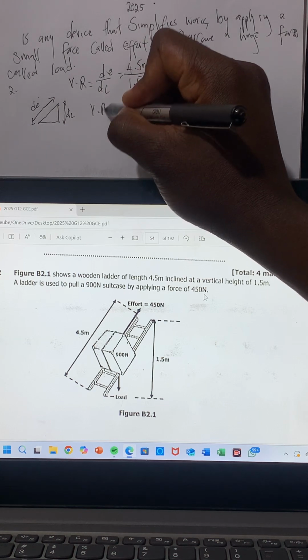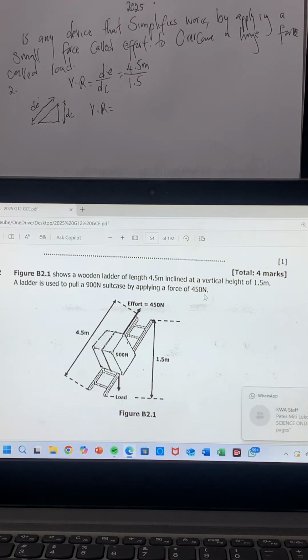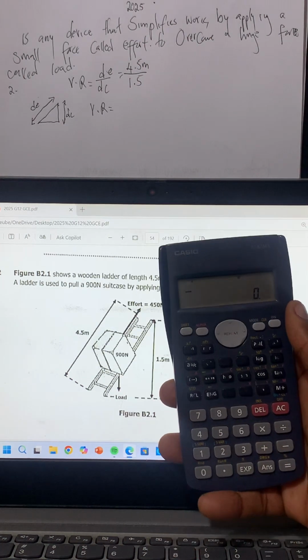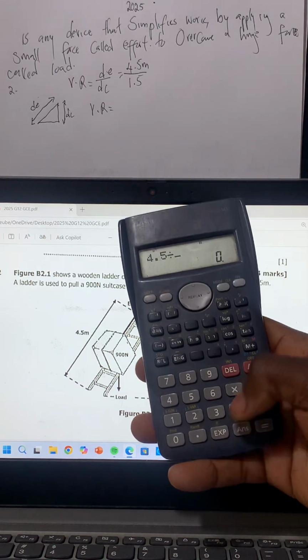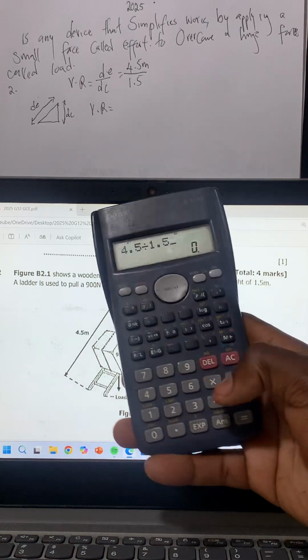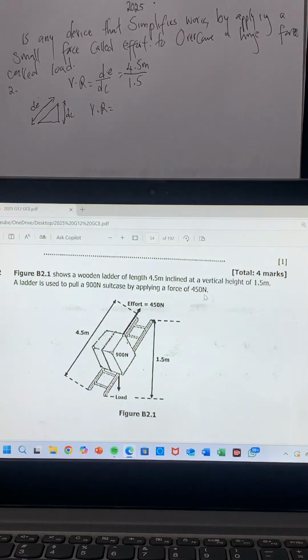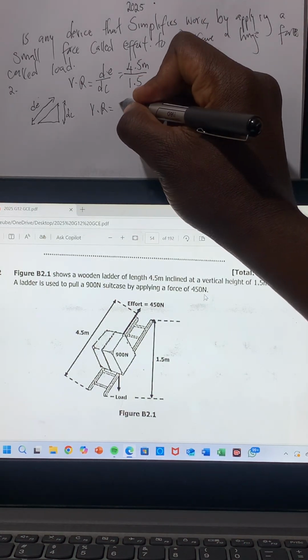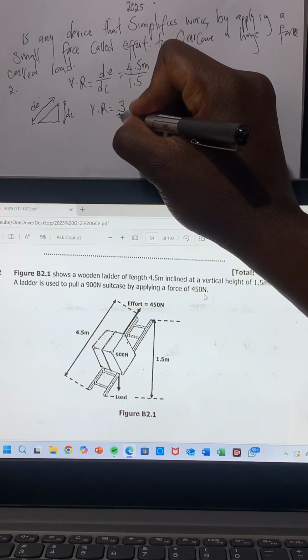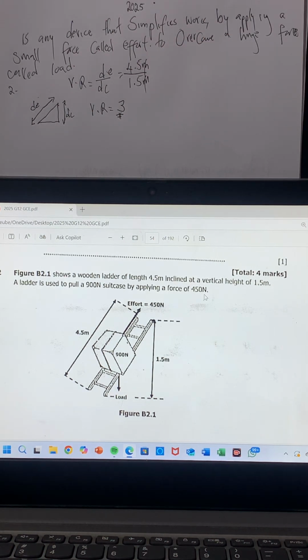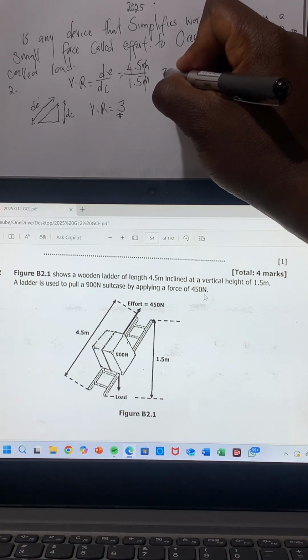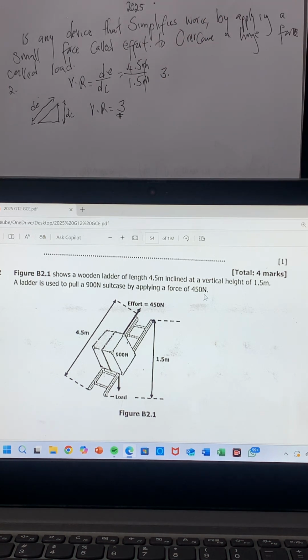So our velocity ratio is equal to 4.5 divided by 1.5. This gives you 3. The velocity ratio equals 3 without units. Why? Meter and meter cancel, so it's a ratio. It has no units.